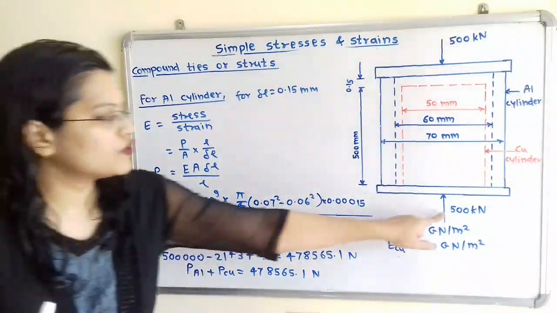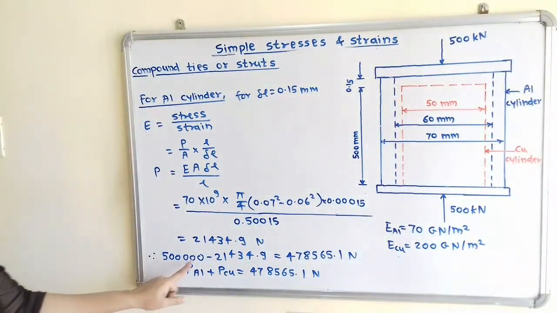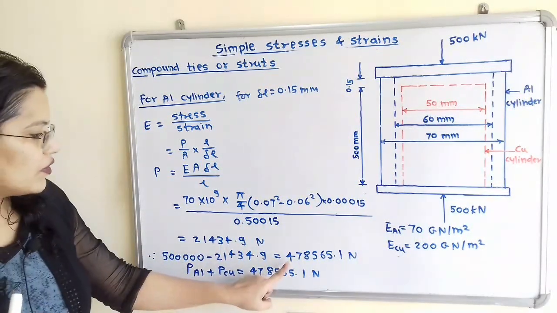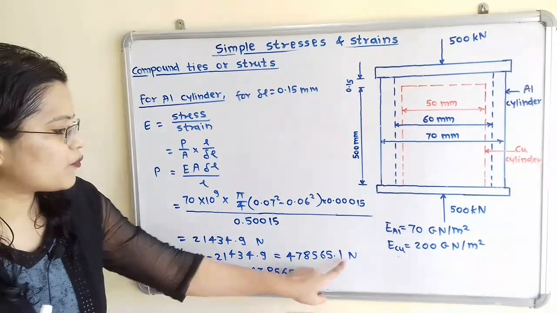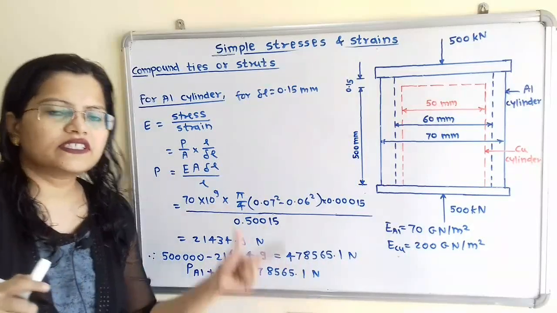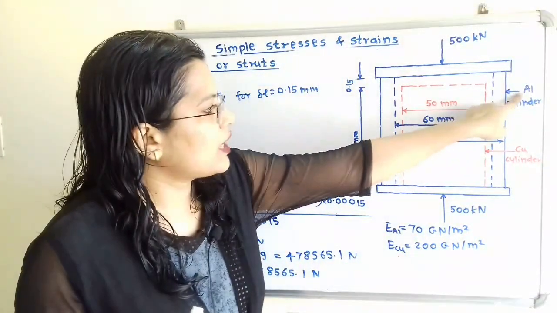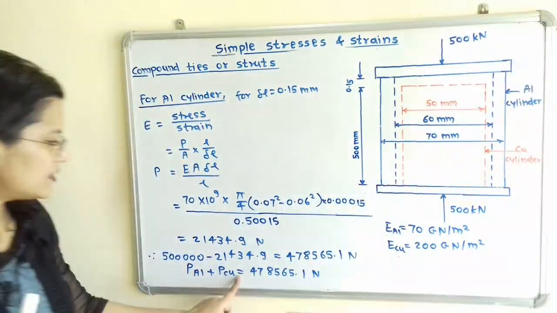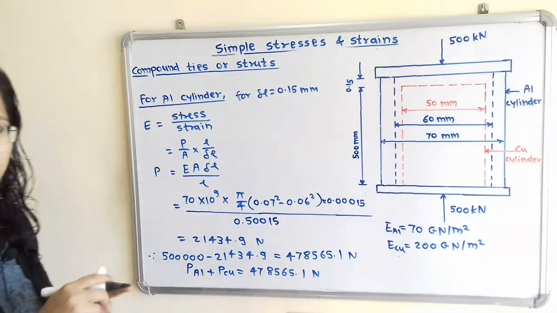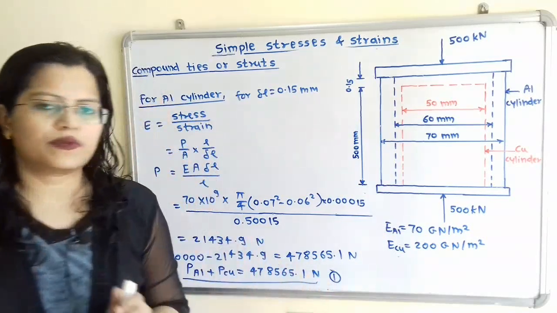Converting 500 kilonewton to the standard unit, that is 500 into 10 raised to 3 minus this load, which is equal to 478,565.1 newton. This is the remaining load shared by both materials, that is P aluminum plus P copper is equal to this load. This is one equation we get from the calculation, so we label it equation number 1.